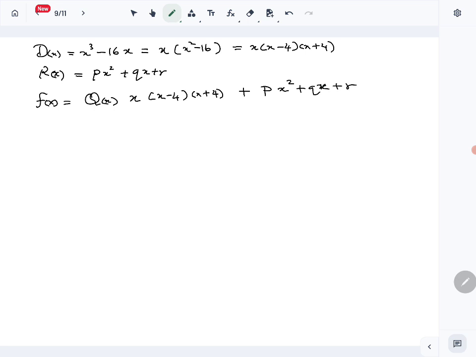Now use the 4 values. We know f of 4 is what? F of 4 is a. So using that, you get what?